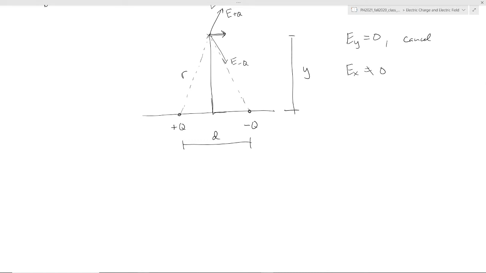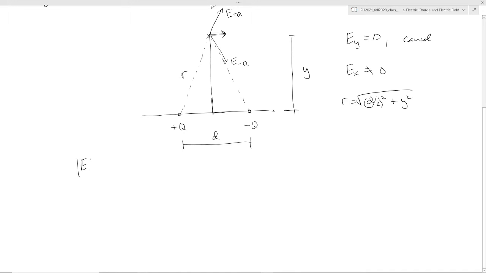So one thing that would be useful is we can state r in terms of d and y. That'll just be the square root of (d over 2) squared plus y squared.